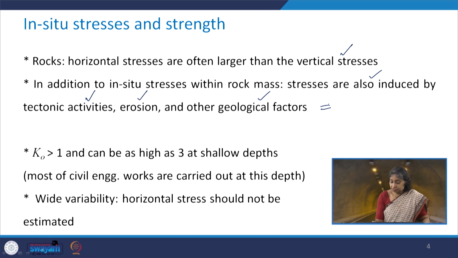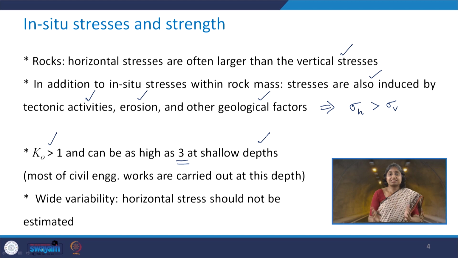Because of these, your horizontal stress can become more than vertical stress in the case of rocks, and therefore K naught, the coefficient of lateral earth pressure, is greater than 1 and it can be as high as 3 at shallow depths. When I say shallow depths, most civil engineering works are carried out at this depth only.